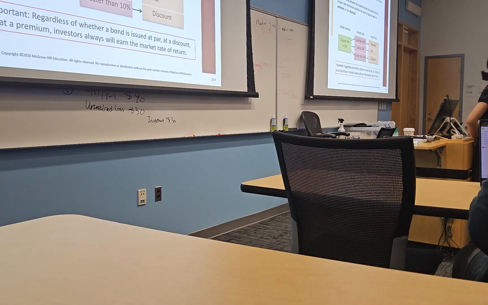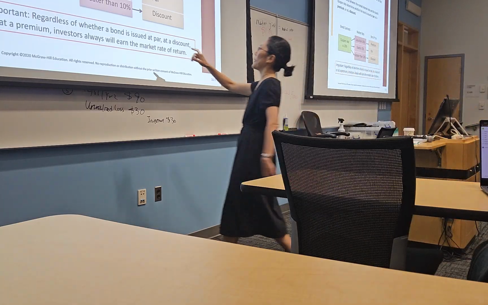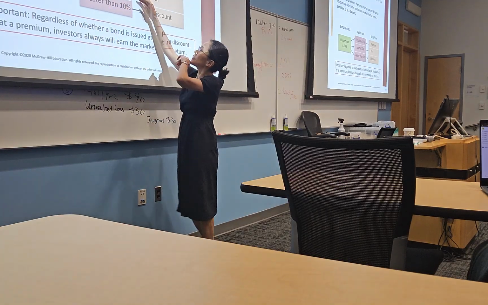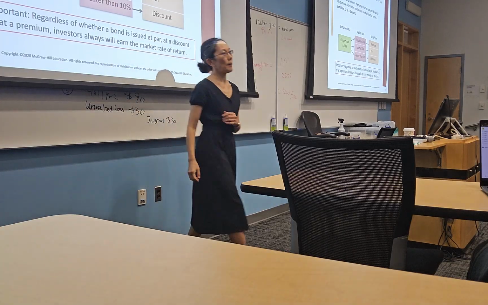Remember, you can control the coupon rate. You're going to make your coupon rate high or low? Very good. Make your coupon rate very high. So your market rate is always going to be less than your coupon rate, so you're going to issue bonds always at a premium.